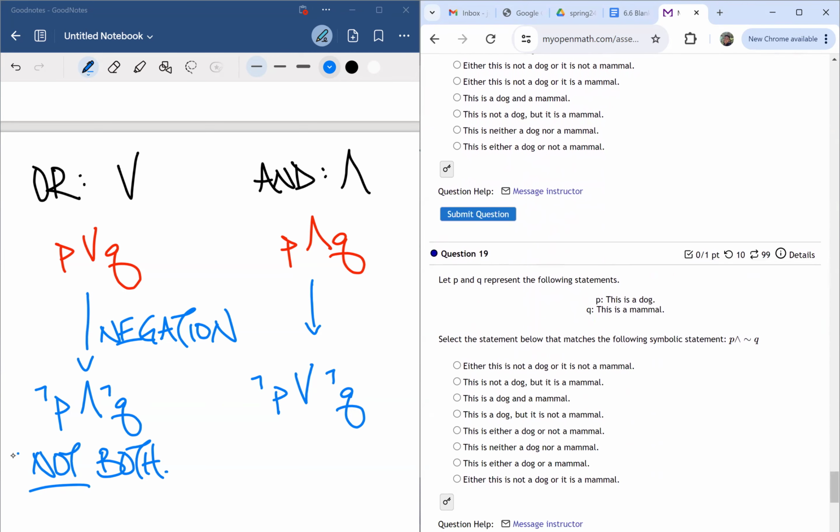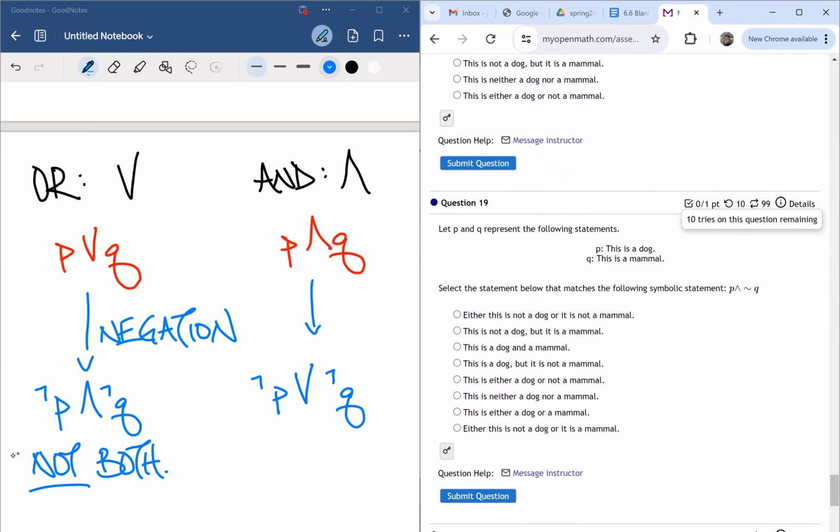So let's take a look at 19. 19 says, let P and Q represent the following statements. P says, this is a dog, and Q says, this is a mammal. So if we were to annotate this, P is going to stay as this is a dog. Now what does this symbol say?